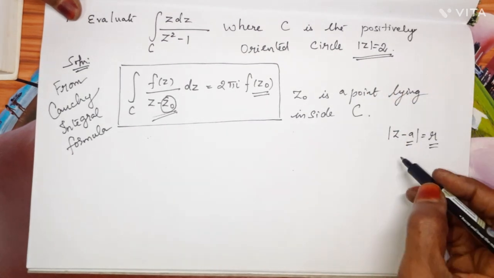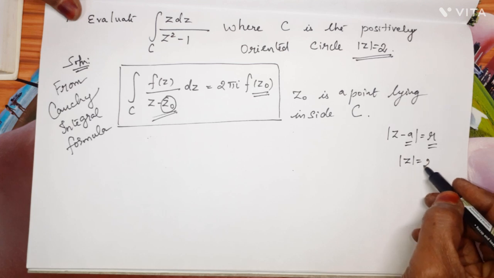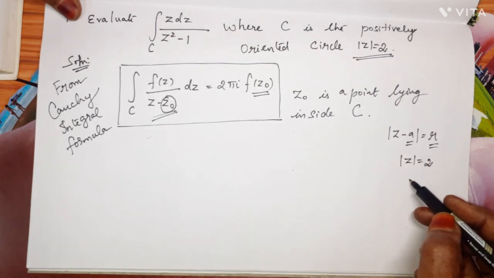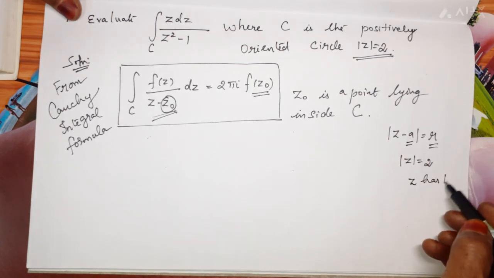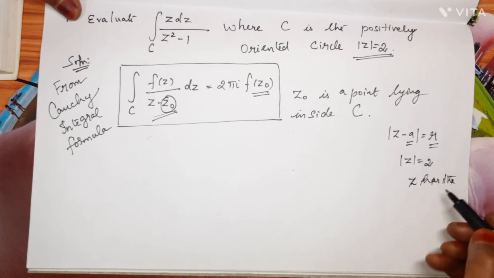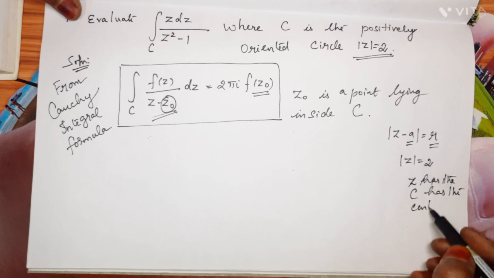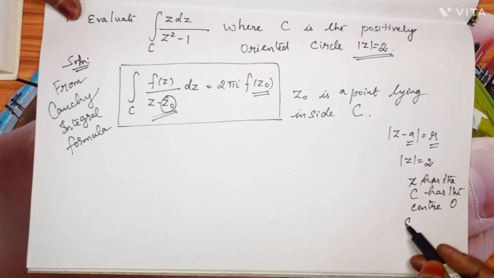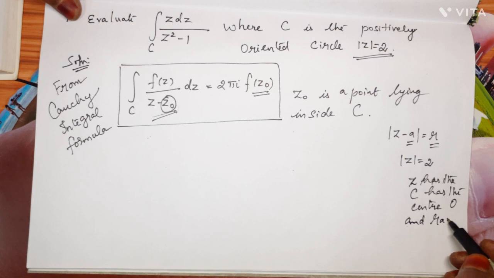Here the given equation is mod z equal to 2. So C has the center 0 and radius 2.